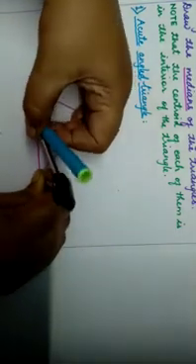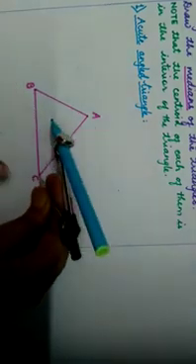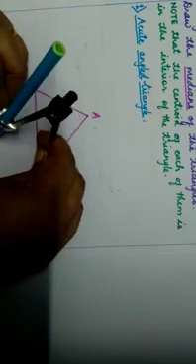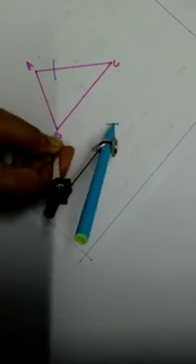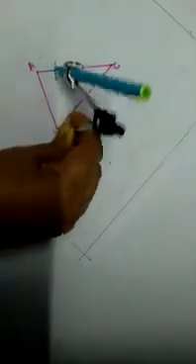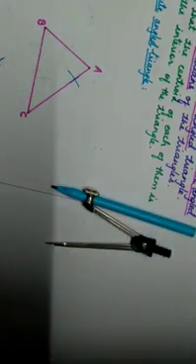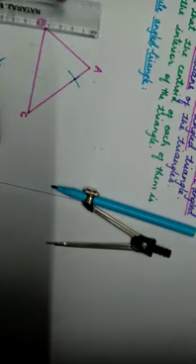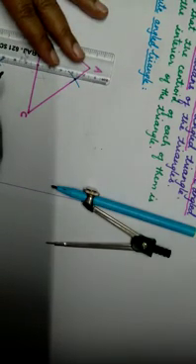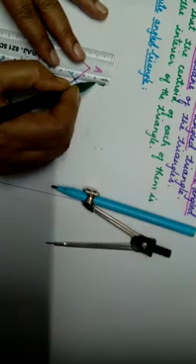Take more than half the distance of BC and draw two arcs, upward and downward. One arc here and one arc upward towards the side BC. And now from B also we will draw two arcs in the same way. After drawing the two arcs, we will join those two arc intersection points.